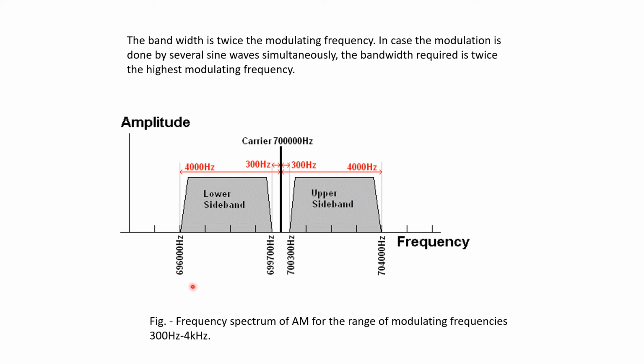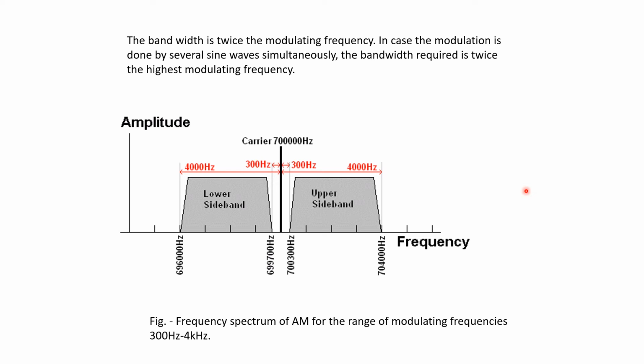Now we will see what will be the entire bandwidth required for the propagation of this kind of frequency spectrum. In the next slide we will discuss the final bandwidth required for this particular case. As we have seen in the previous slides, if a single frequency, that is Fm, is to be propagated after amplitude modulation, then it is simply 2 times Fm.